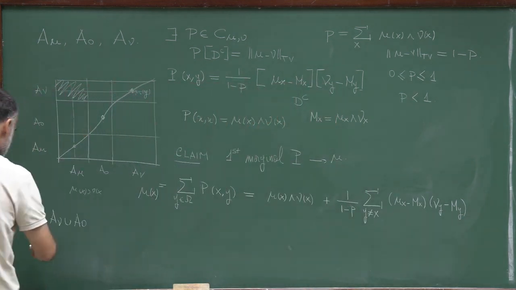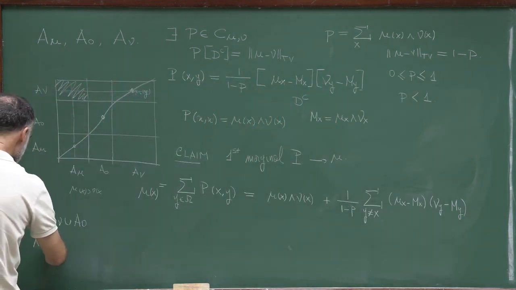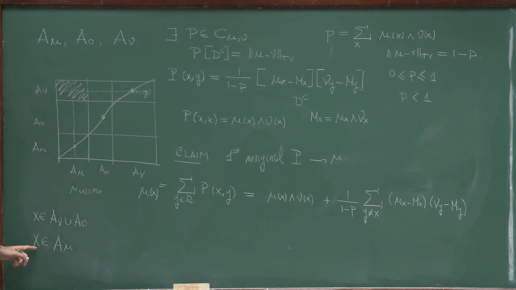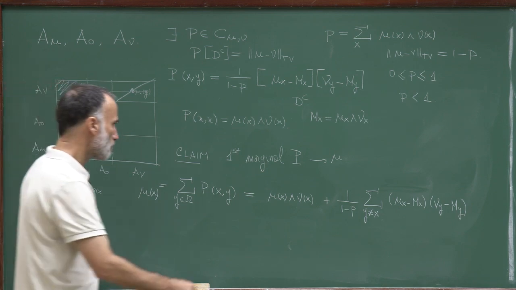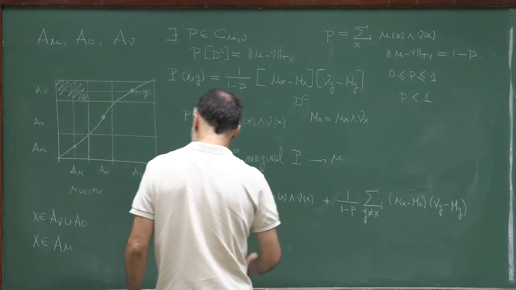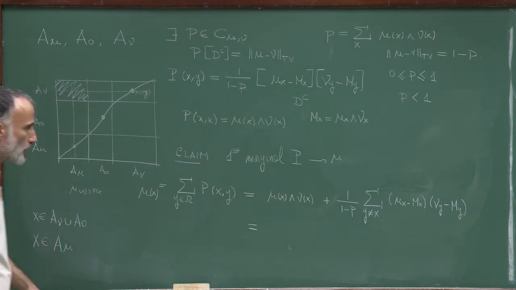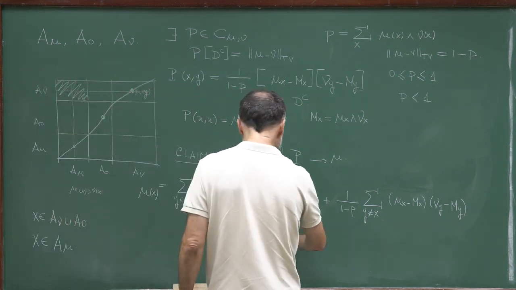So now let's assume that x belongs to the set A_mu. Since x belongs to the set A_mu, this means that nu(x) is strictly smaller than mu(x). So let me continue under the assumption that x belongs to A_mu. This means that this is equal to nu(x).